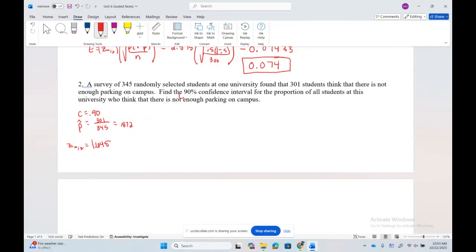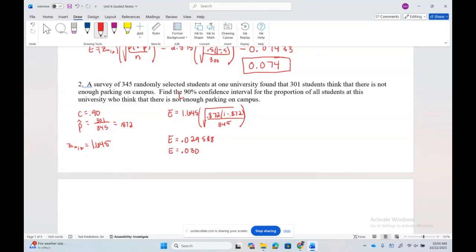My margin of error is 1.645, and that's going to get multiplied by a big square root. 0.872 times 1 minus 0.872, all of that is divided by my sample size. All right, so my margin of error, when I multiply all of that together, I'm getting 0.029588.